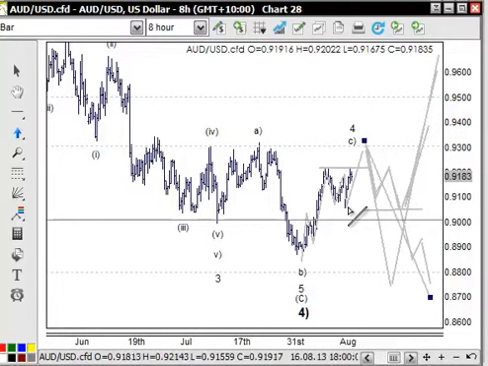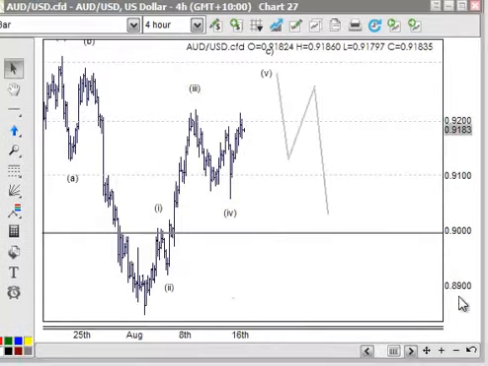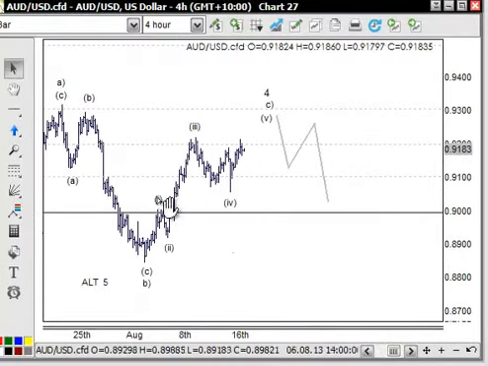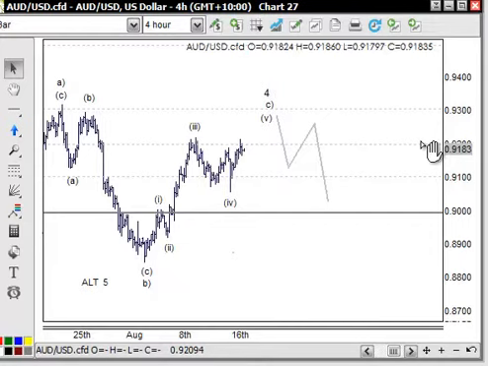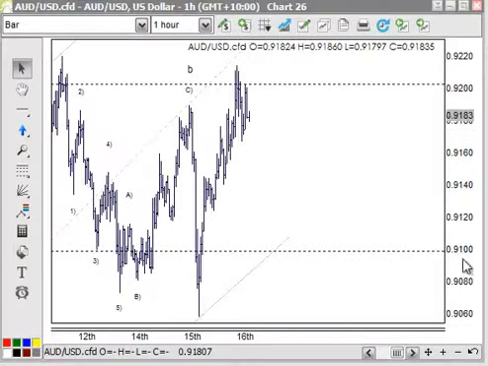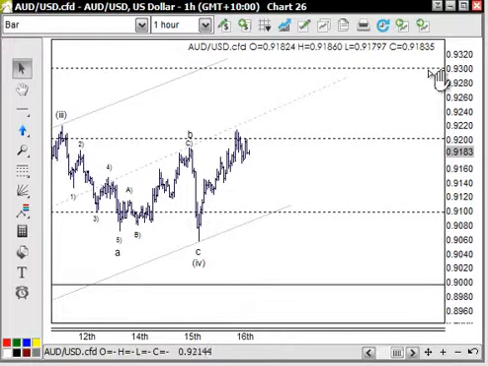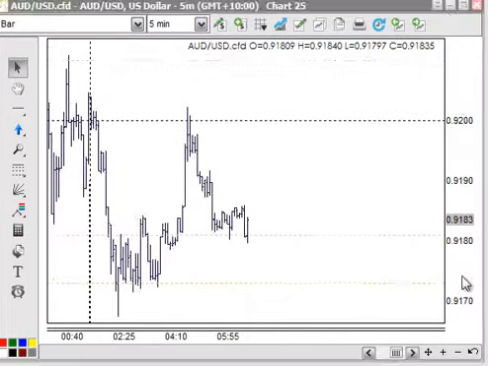In the meantime, we're still looking at this little 5-wave structure to the upside, and this is it here in terms of the 1, the 2, the 3, the A, the B, the C for the 4th, and up for the 5th. It should make a new high above here. In trading terms, obviously you want the 92 as support there. We're going to drill in a little bit further.